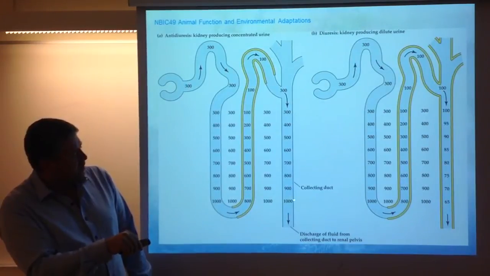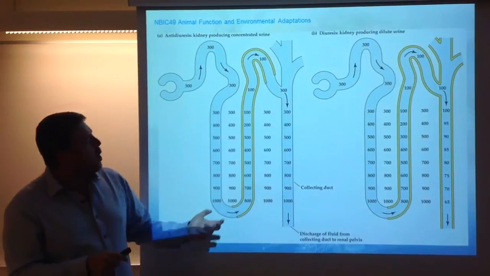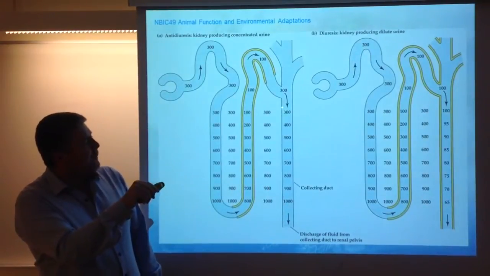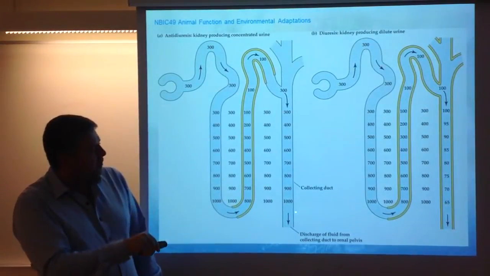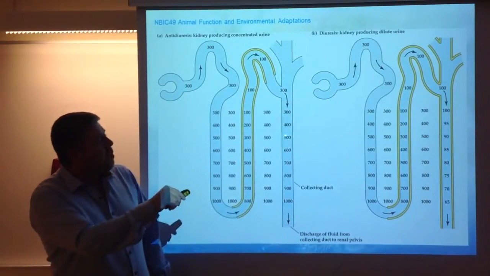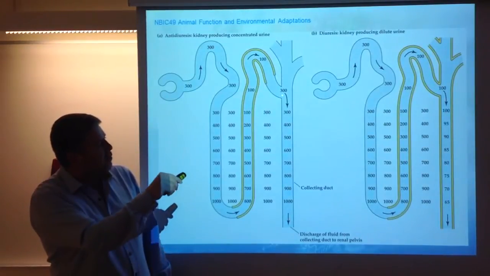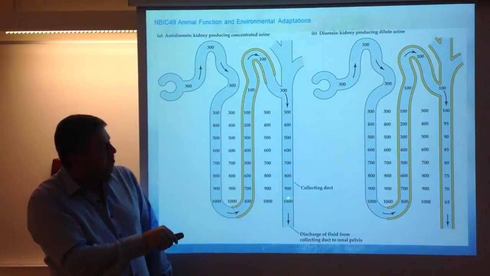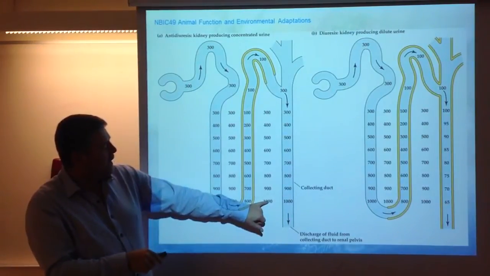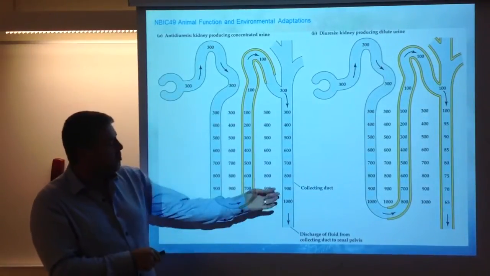And of course, in this case, you have a permeable collecting duct, which means that water is removed from the filtrate and moved outside because of the osmotic gradient.